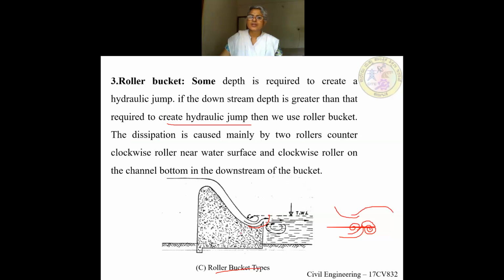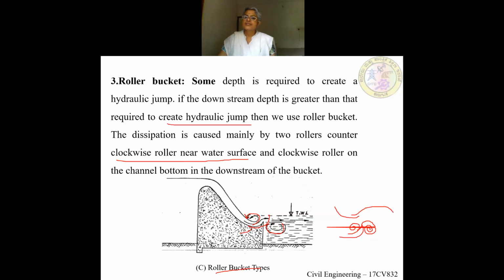I told you there is one roller here, this is in anti-clockwise direction, and this is in clockwise direction. So two rollers: counterclockwise direction near the water surface and clockwise direction on the channel bottom in the downstream bucket. So this rotation will dissipate the energy.